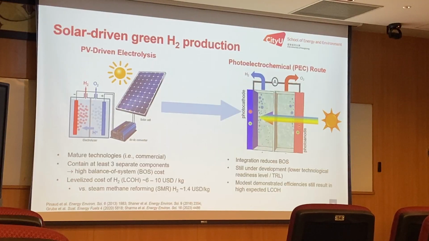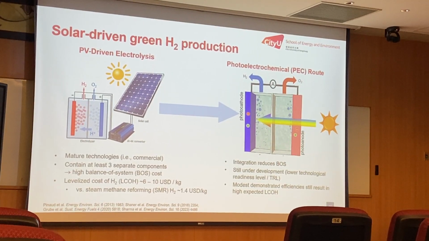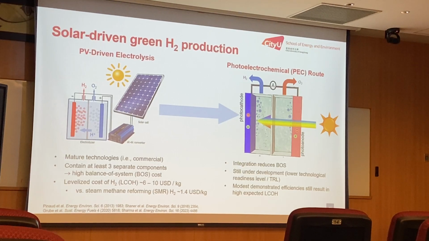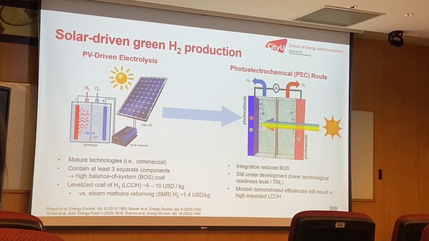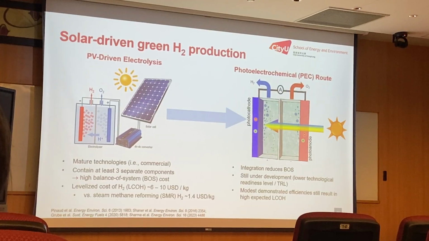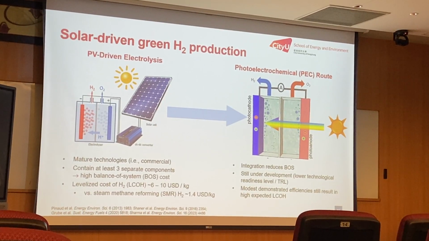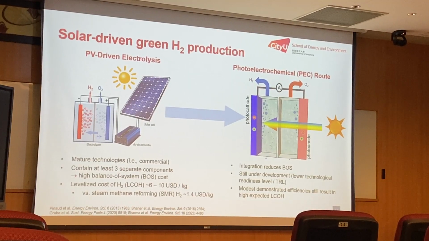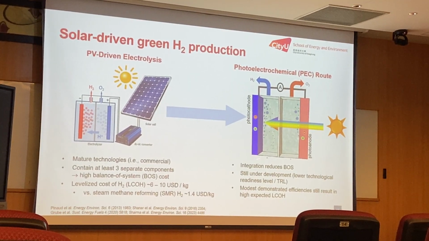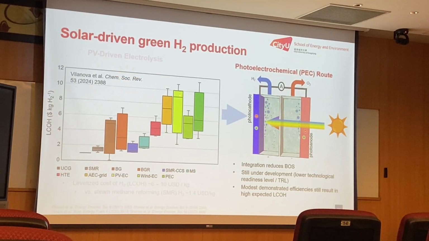The premise of going to photoelectrochemistry is that the integration would reduce the balance of system. However, since a lot of these efforts are still at the very early technological readiness level, the demonstrated efficiencies are also modest, or if it's high, it's combined with a very prohibitive material cost. As a result, the levelized cost of hydrogen, if you calculate from this approach, is still very much the same as PVEC.